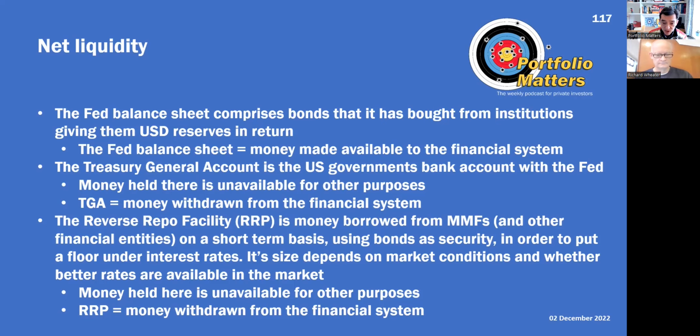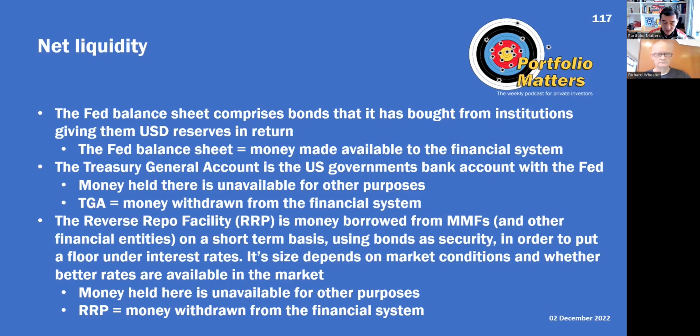The reverse repo facility is money borrowed mainly from money market funds, not banks, as I previously said, on a short-term basis using bonds as security. And once again, it represents money that has been withdrawn from the markets and therefore is unavailable for other purposes.